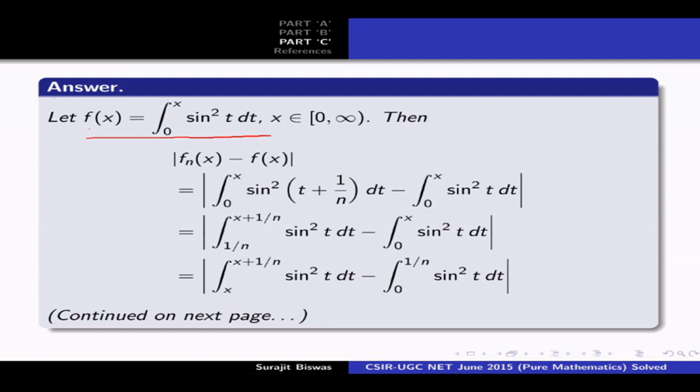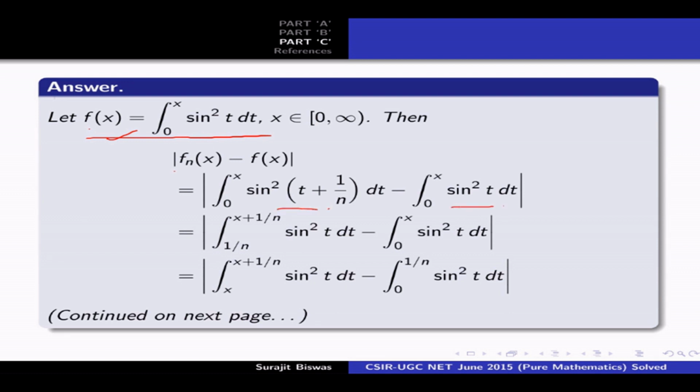And of course if fn converges, then fn will converge to this function only. So therefore we are considering this difference, the modulus of fn(x) minus f(x), and we put the value of fn(x), and here it is f(x).